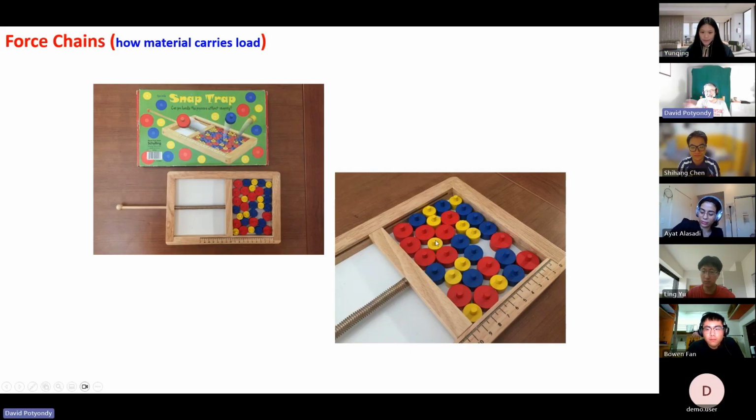And so this is a game that demonstrates force chains. Okay. So with that, we can also say that the force chain is a function of size.